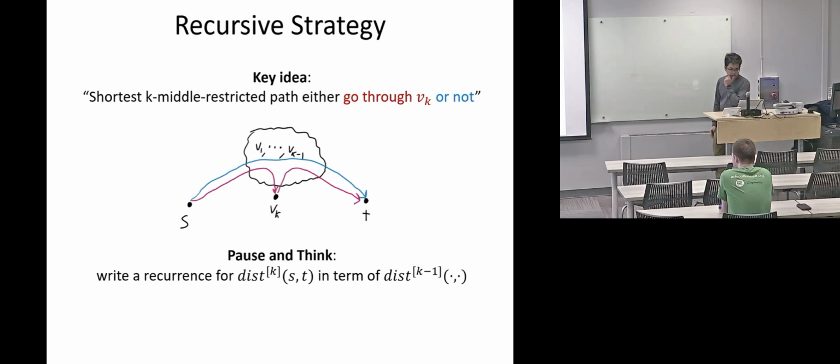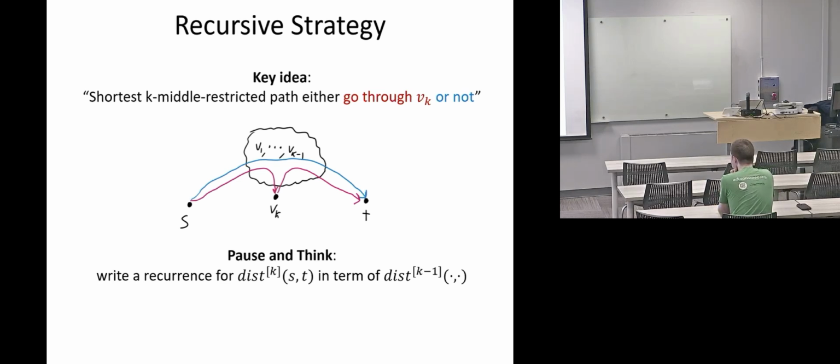The key idea is that suppose we have a shortest path from S to T whose inner vertices can be from V1 up to Vk. There are two choices here.